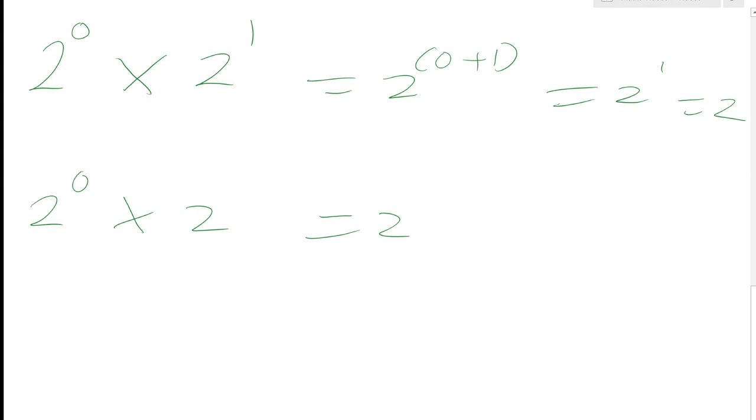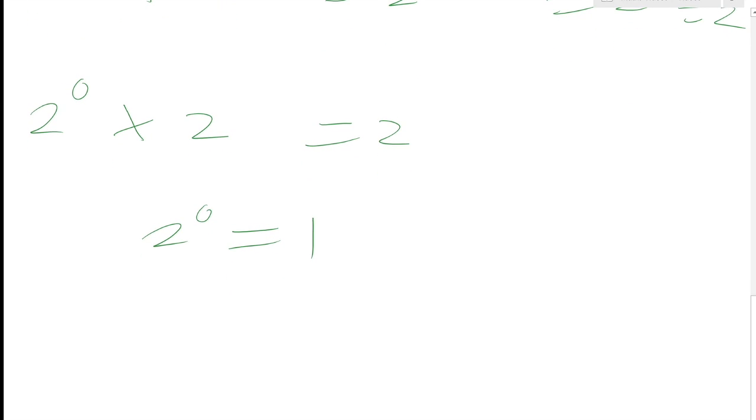If we divide both sides by 2, we get 2 to the 0 equals 1. So we know that 2 to the 0 equals 1, and if we wanted to, we could do exactly the same thing to prove that any number to the power of 0 equals 1. For example, 3 to the 0 times 3 to the 1 equals 3 to the 1. Therefore, 3 to the 0 equals 1.